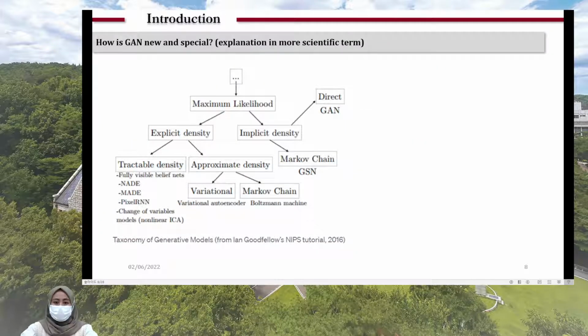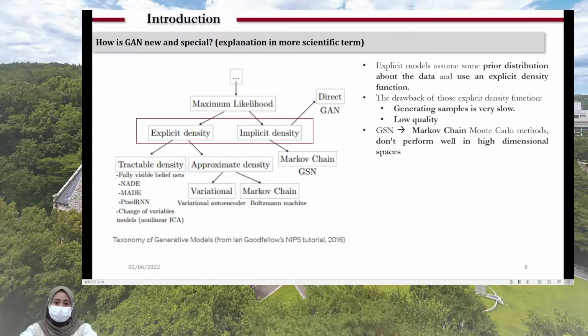Now, after introducing the special structure of GAN, let's see how GAN is different from other generative models. The maximum likelihood-based generative models are divided into explicit density and implicit density models. Explicit models assume some prior distribution about the data and use an explicit density function.